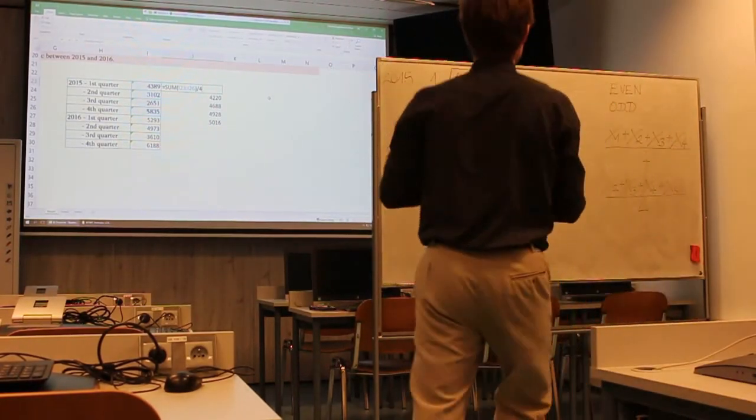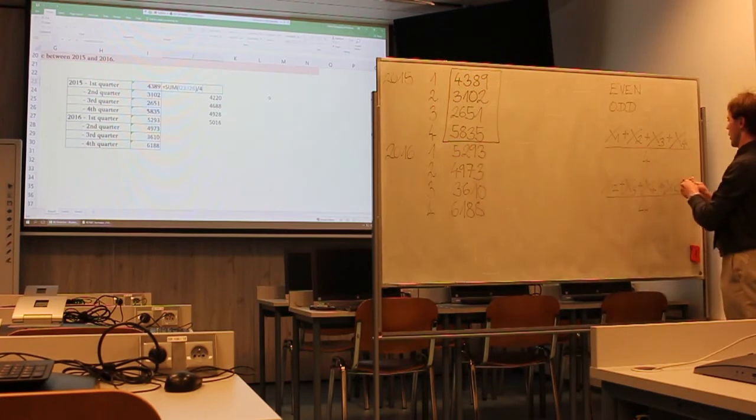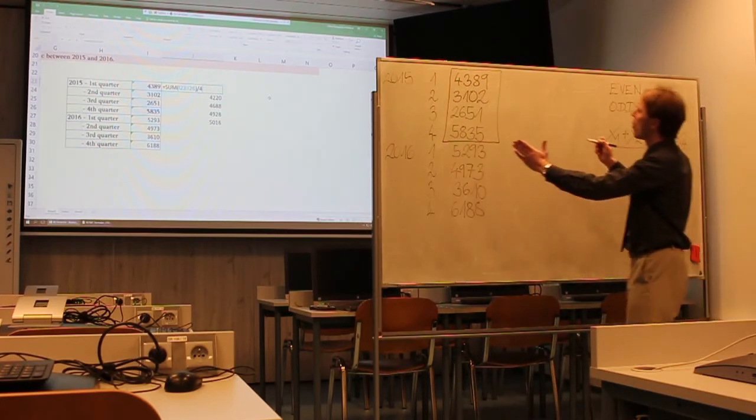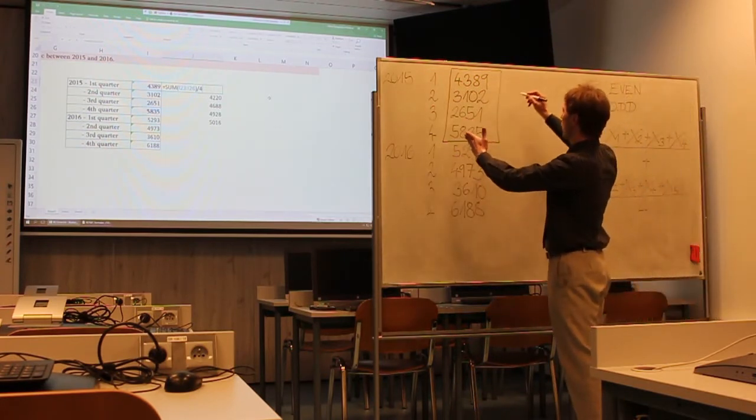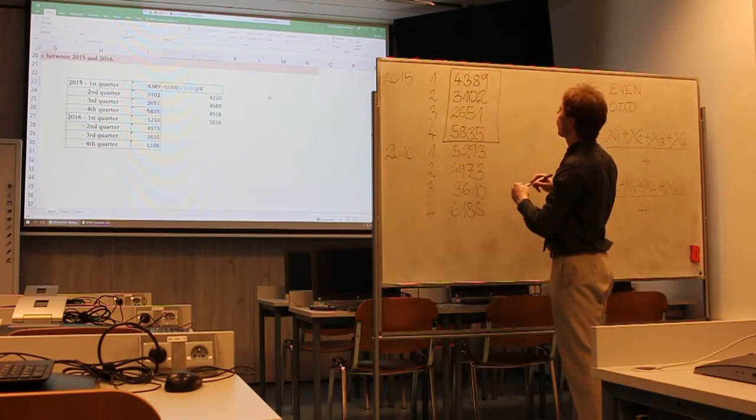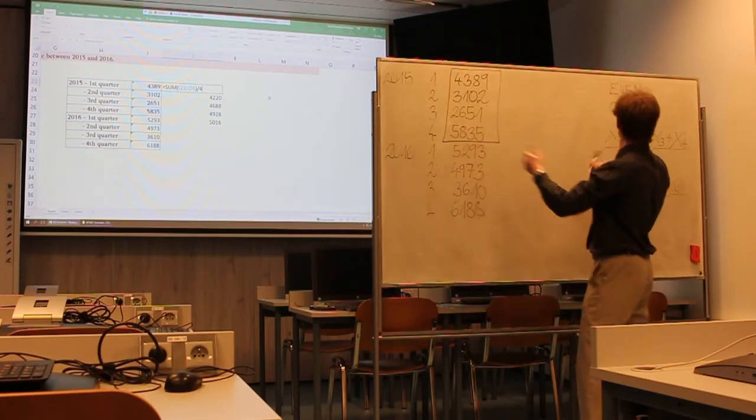So we will start the moving average with the length 4, the sum of these 4 values divided by 4.